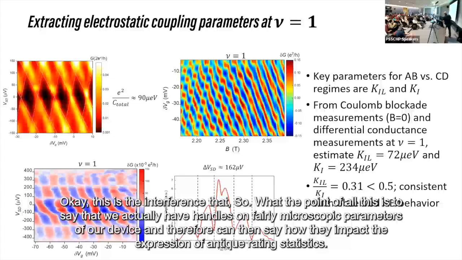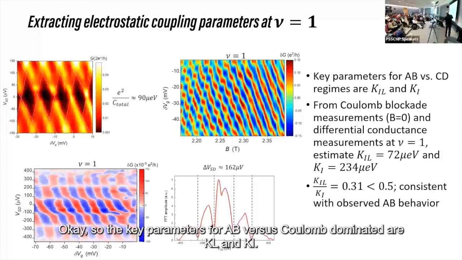So what the point of all this is to say that we actually have handles on fairly microscopic parameters of our device, and therefore can then say how they impact the expression of anyonic braiding statistics. Okay, so the key parameters for AB versus Coulomb dominated are KIL and KI.